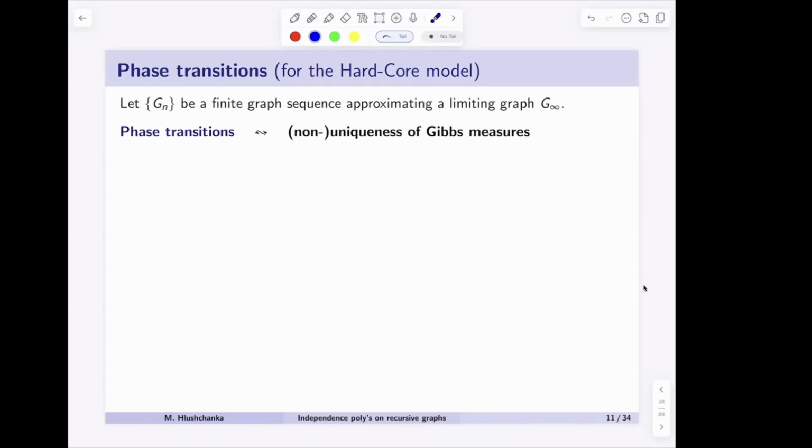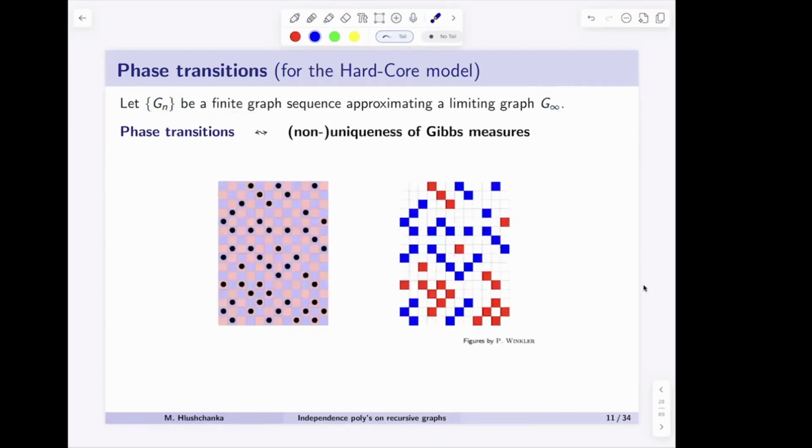If you have a sequence of finite graphs that approximate some infinite graph G infinity, for example finite portions of the square lattice as approximations, then we are interested in the uniqueness or non-uniqueness of the corresponding Gibbs measures.